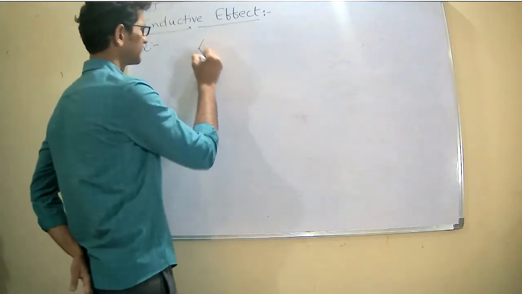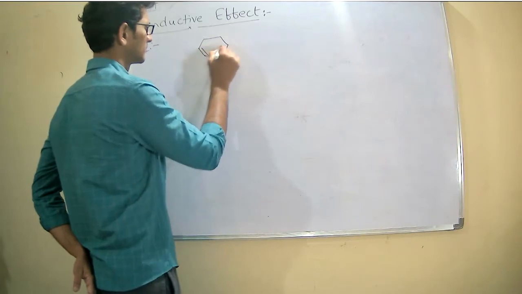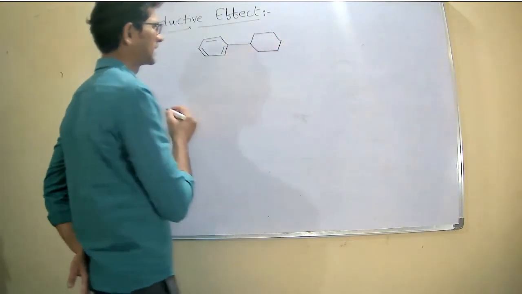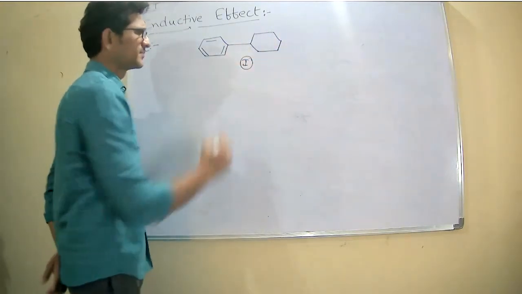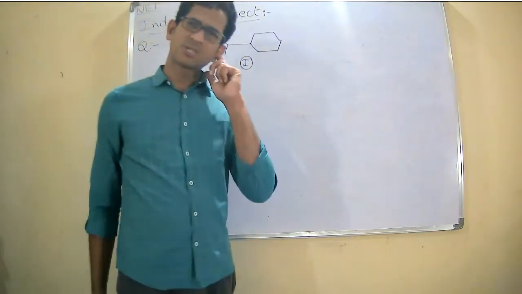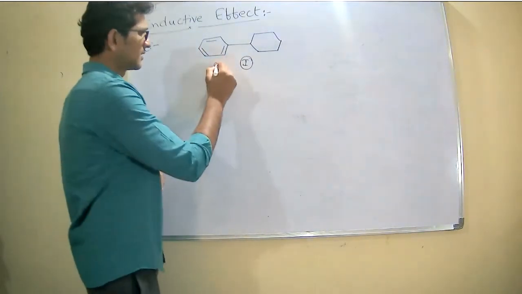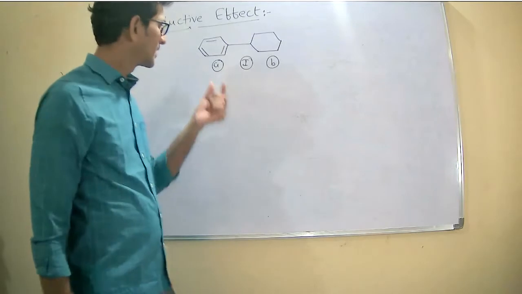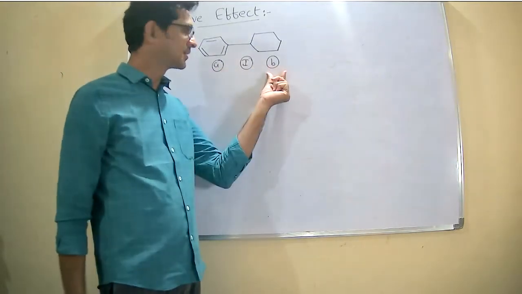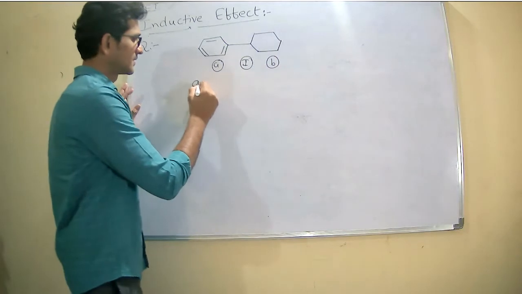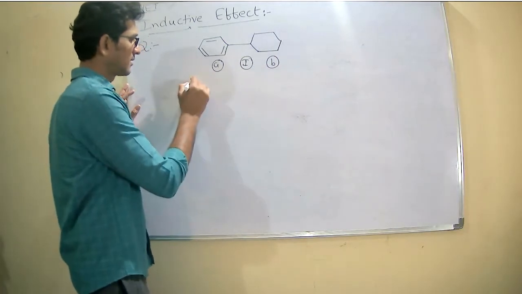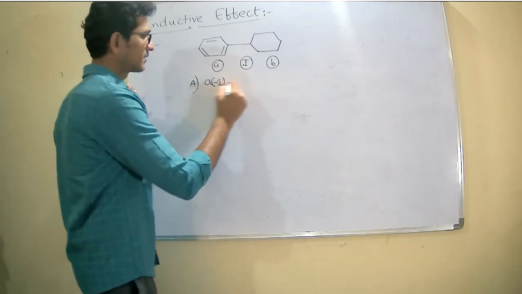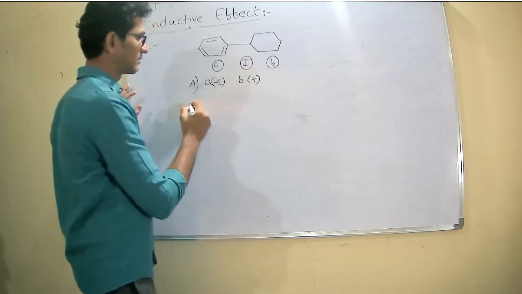For example, this is the example one. If you face such a type of question in the examination, part A, part B. I have a molecule consisting of two parts, A and B. In the options, option A: minus inductive effect, B: plus inductive effect.